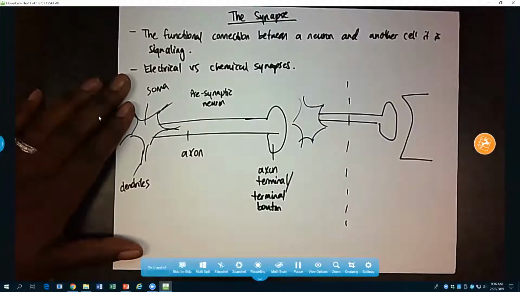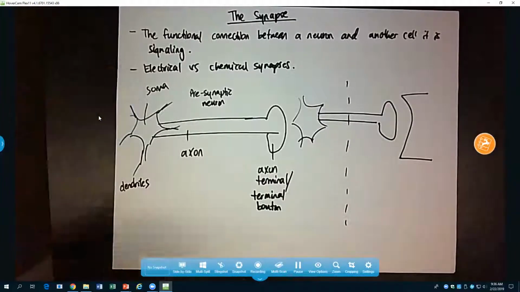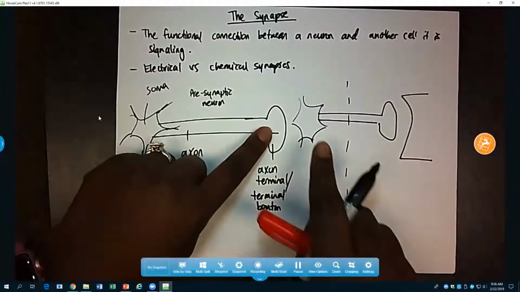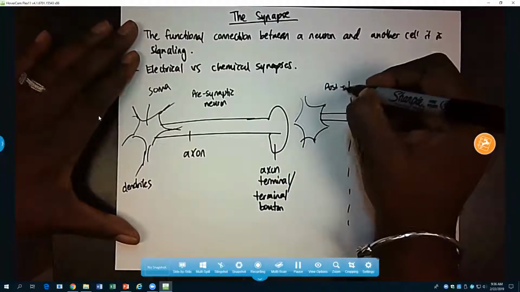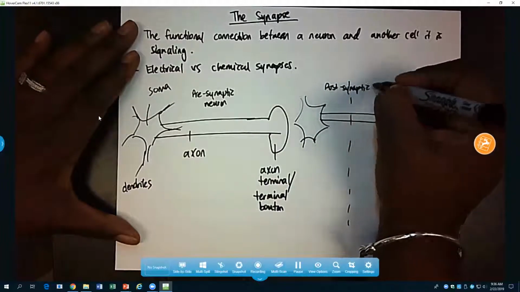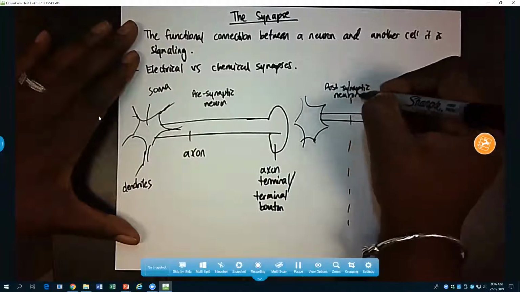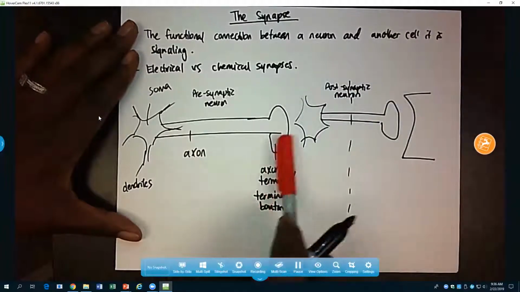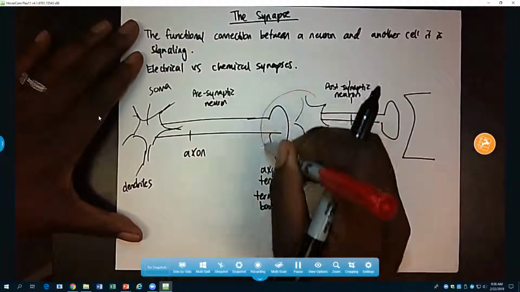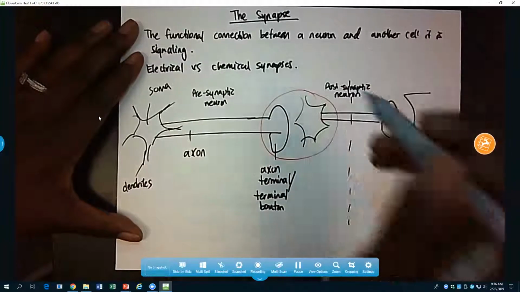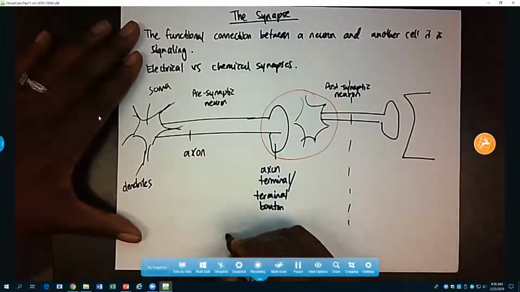Now, as we mentioned before, we have a traditional synapse where two neurons speak to each other. So this is neuron 1. This is your postsynaptic neuron. And two neurons will usually communicate at a synapse. So this is the synapse here. And this is typically in the central nervous system.